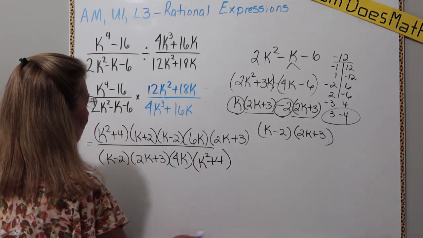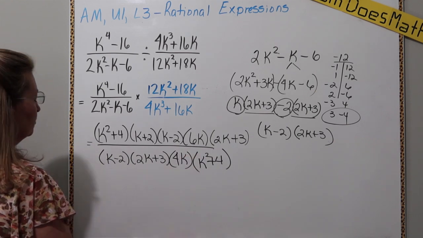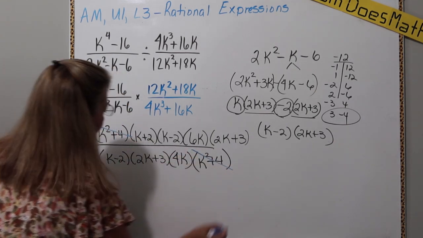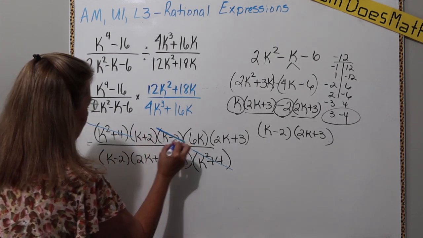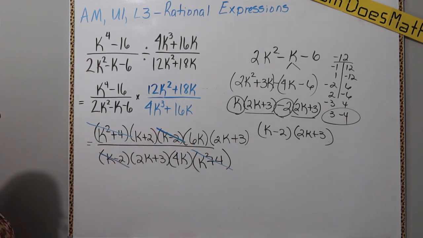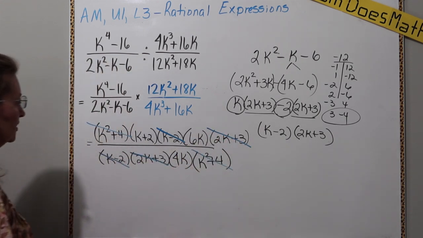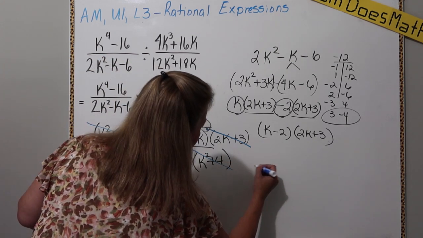So let's see what all will cancel here. And this is the sum of 2 squares, which we don't have a formula for. So fortunately, it's going to cancel with that one. Alright. K minus 2 here cancels with that. 2k plus 3 cancels with that. So what all do I have left here? That got kind of messy.